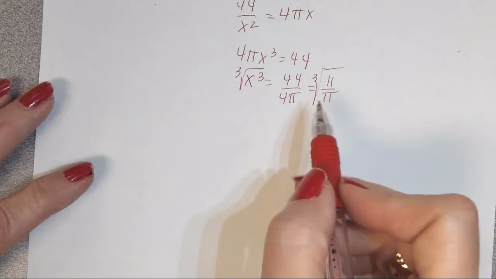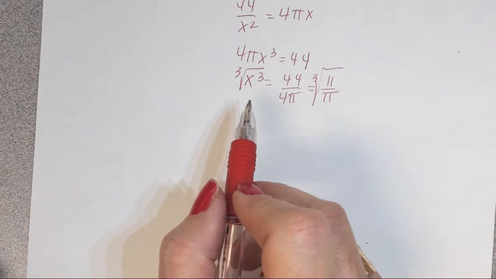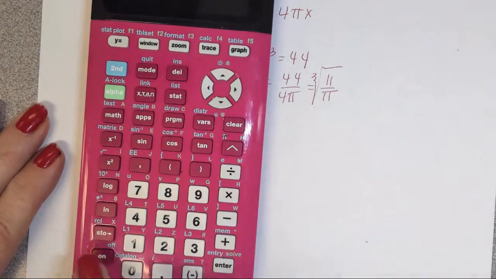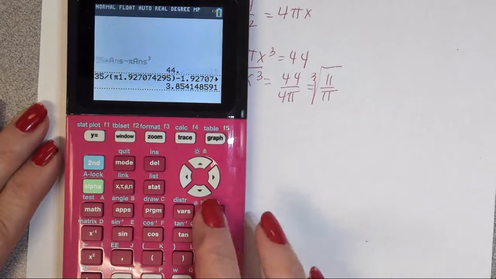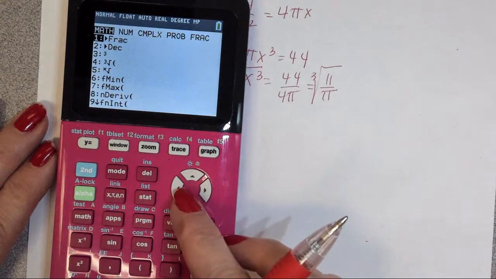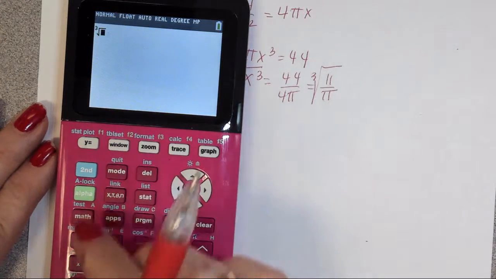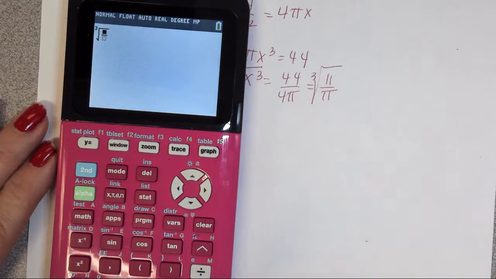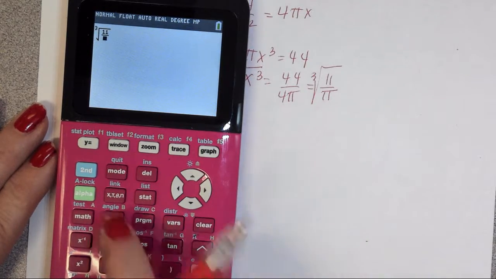So now I want to find the dimensions, is it? Yes. So I'm going to find this decimal approximation. Know how to use your calculator. With the newer calculators, I can just do math, cube root. I can put in a fraction by doing alpha y equals. And I can do 11 over pi.